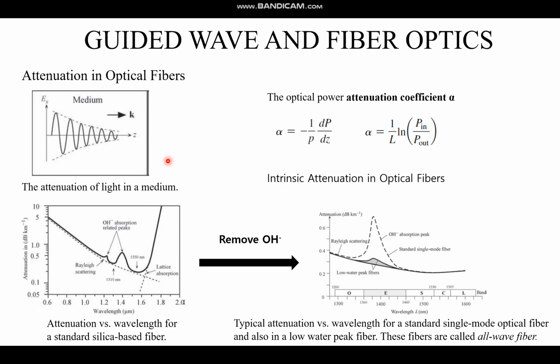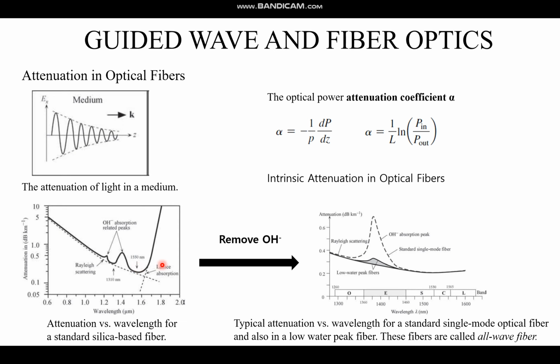And another is the attenuation of optical fibers. When light propagates in the medium, the optical power is decreased. This is the attenuation coefficient alpha, and here is the attenuation of the optical fiber. This peak is the OH minus water peak, and around 1550 nanometers is the lowest propagation attenuation, and this is the infrared absorption.